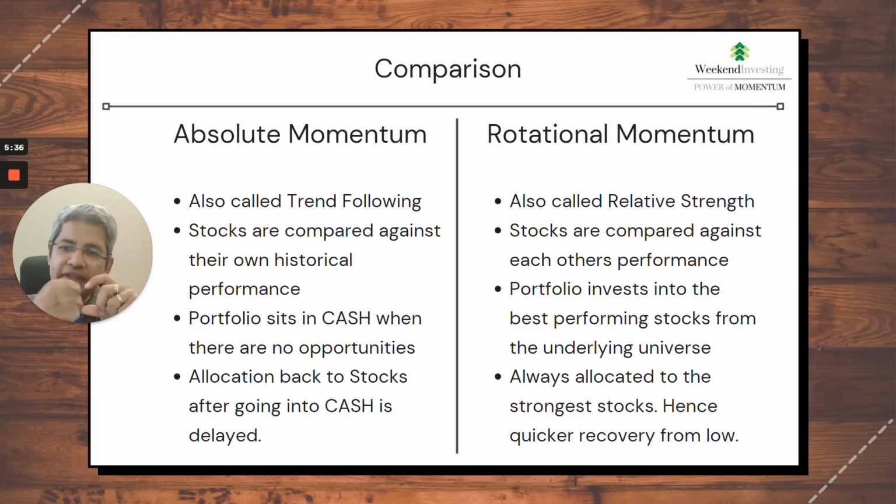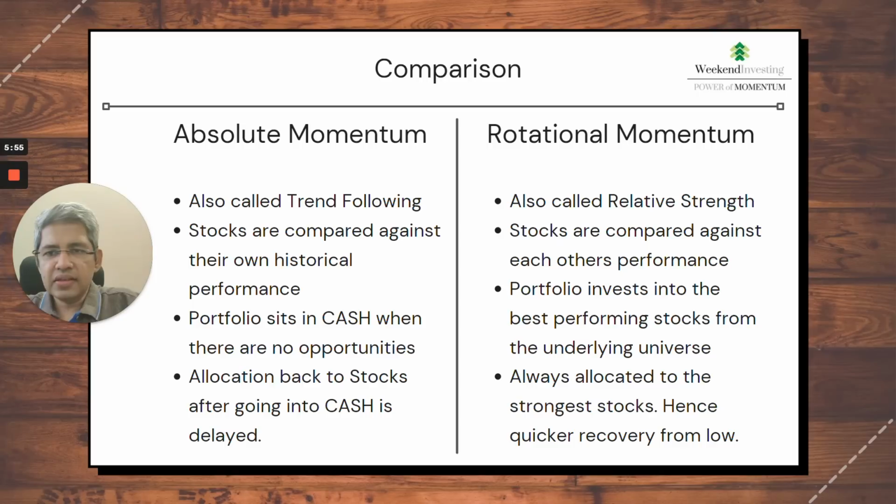They are still stronger than the rest of the 30, although on an absolute basis they may still have negative momentum. I hope I'm able to explain this. So this is the major difference between absolute momentum and relative momentum. Relative momentum is also called rotational momentum, so please don't get confused by the terms.